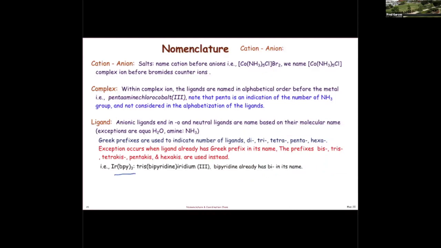This ligand is called bipyridine. Bipyridine is this chemical right here. It's got 2 lone pairs right here. This is called a pyridine ring.